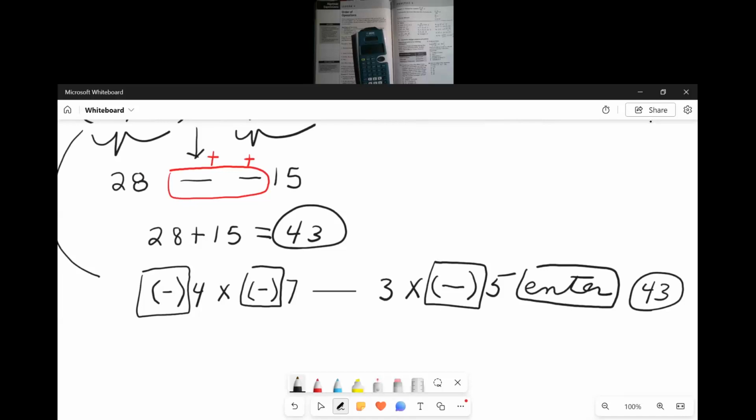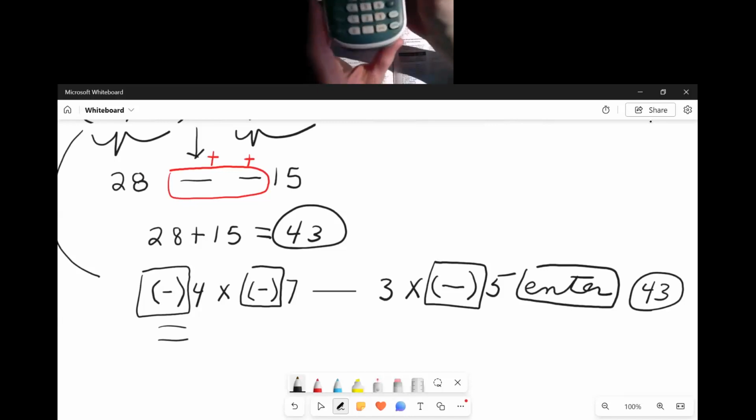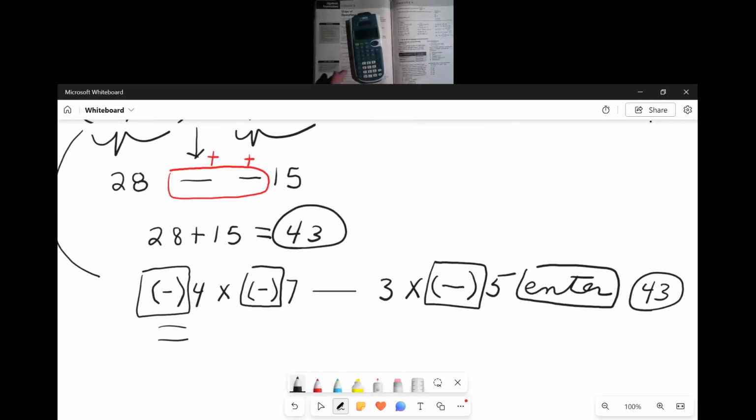So remember, these are next to the enter. See the enter key on the bottom right? That's that key right here. Let's get that a little closer so you can see what I'm talking about. See that negative sign? This changes the positive number into a negative number. So make sure you're using this any time you are changing a positive into a negative.